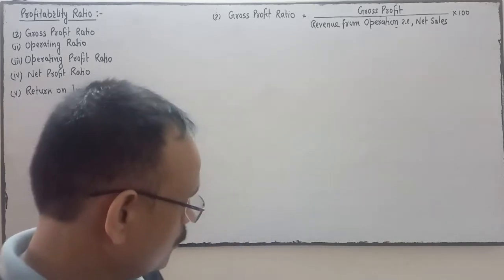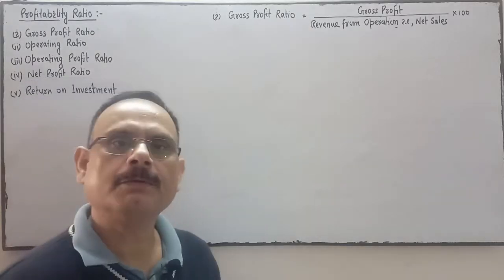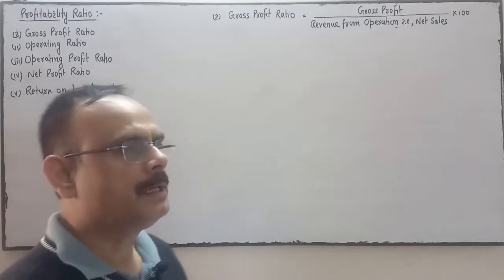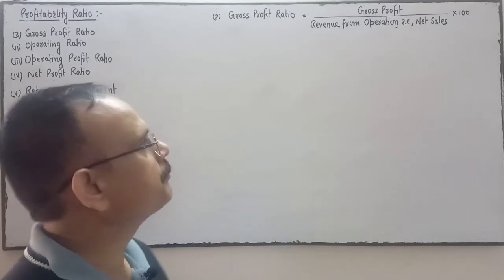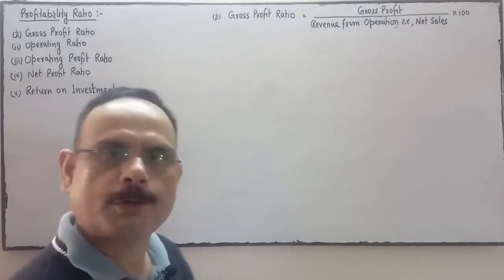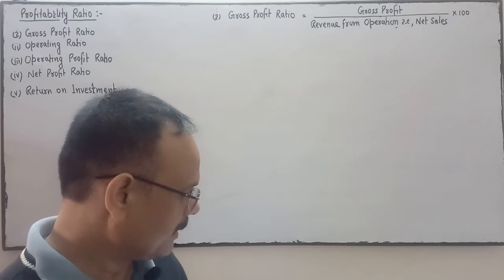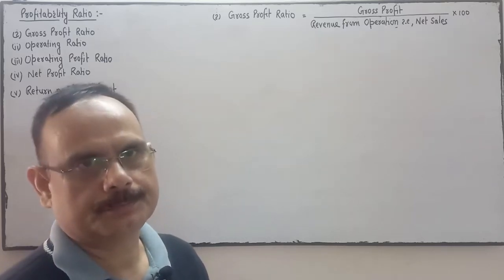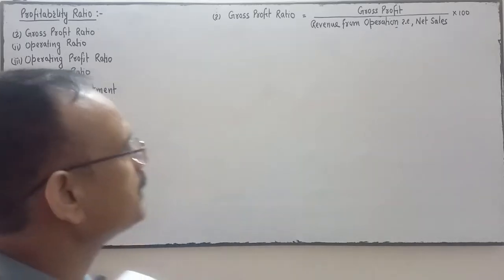Now we have to find out the gross profit ratio. First you write the formula: gross profit upon revenue from operation into 100. Revenue from operation means net revenue from operation after deducting sales return. Here credit revenue is 3 lakh, and cash revenue is 25% of total revenue.